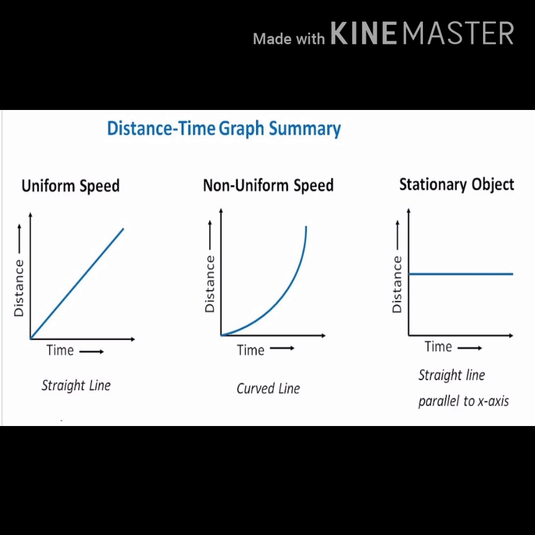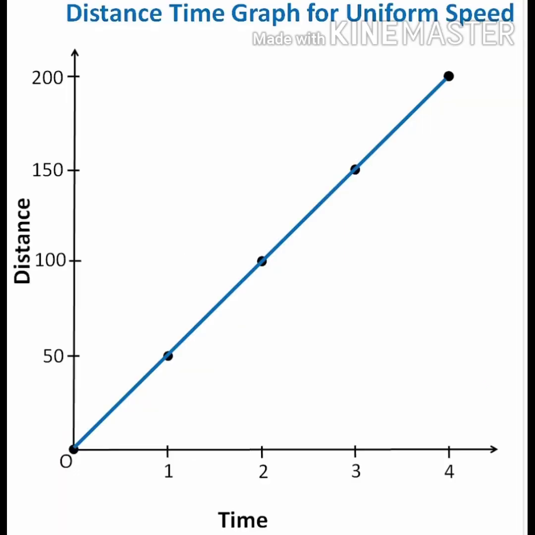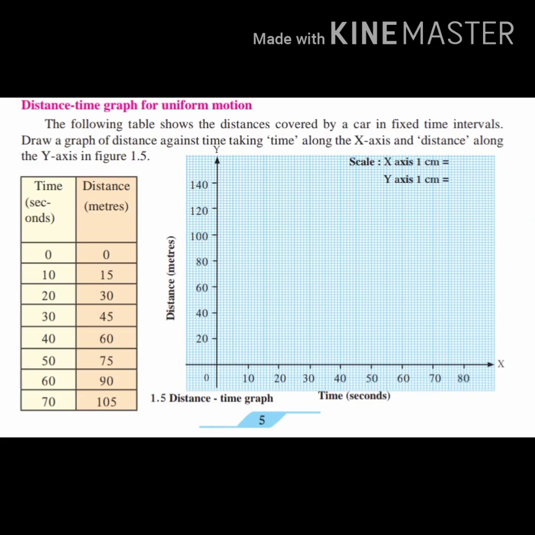So let's start, students. The first graph that you're going to study is the distance time graph for uniform motion. If you see, the left side column gives time in seconds and the right side gives distance traveled. If you compare the time and the distance, equal distance is traveled in equal time interval, right?